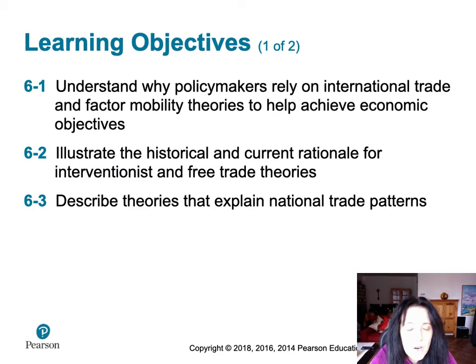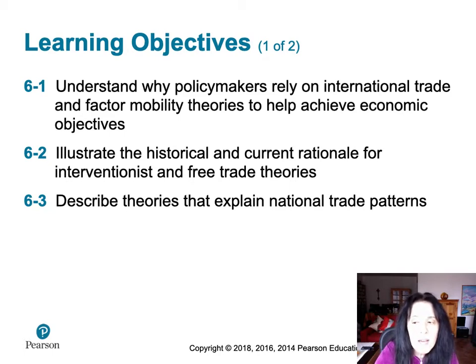So we will start by first examining theories that endorse great governmental intervention in trade movements, starting with mercantilism and neo-mercantilism. Versus we will be looking at a laissez-faire approach of no governmental intervention, such as the free trade theories of absolute advantage and comparative advantage.